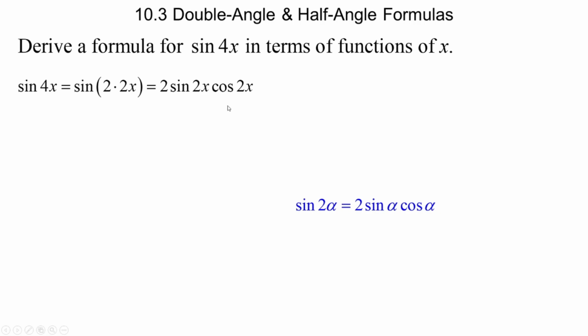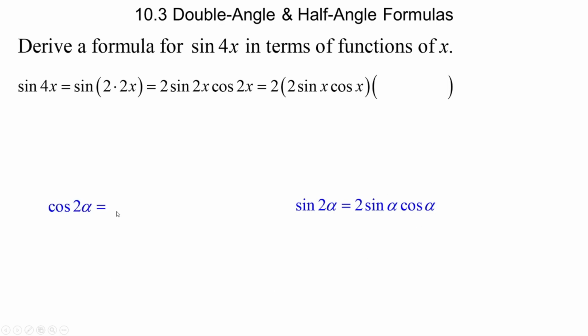All right, well, they said functions of x, and I have functions of 2x, so I'm going to have to use an identity 2 more times. So sine of 2x is right below here, right? So let's start with our 2 again. Times, and what is sine of 2x again? It is 2 sine of x cosine of x. And then what is cosine of 2x? Well, remember my favorite.